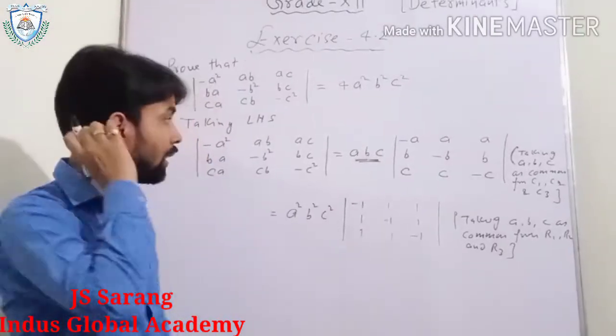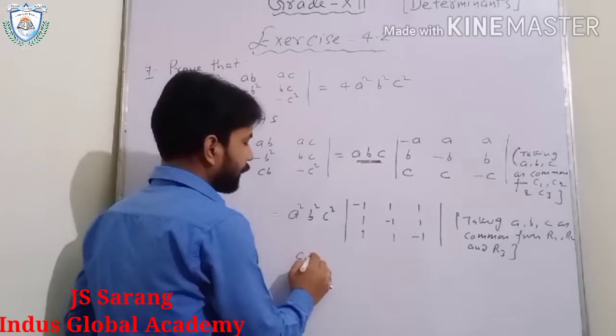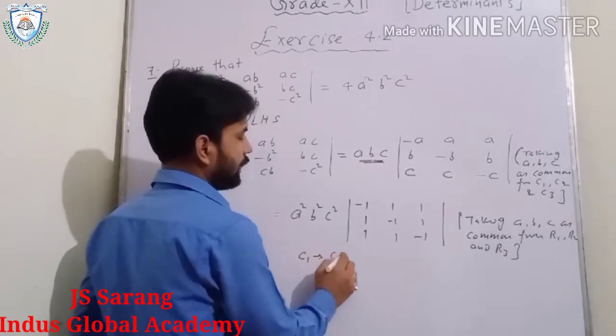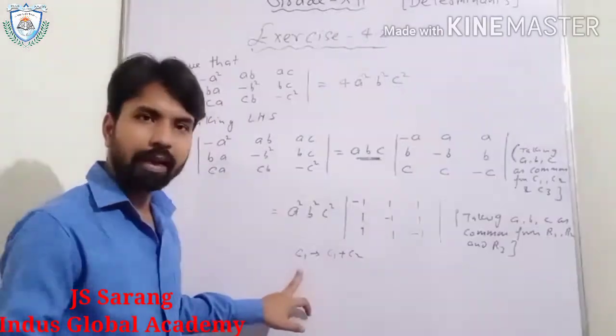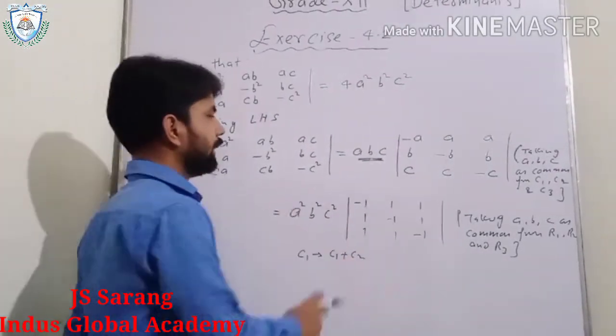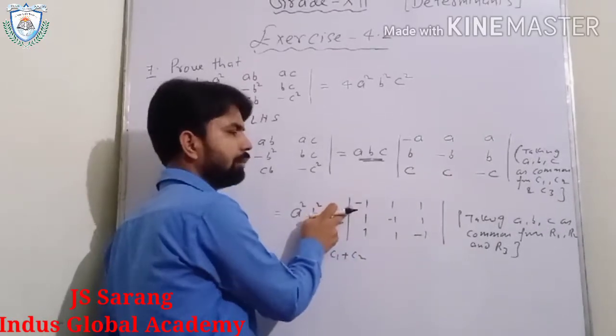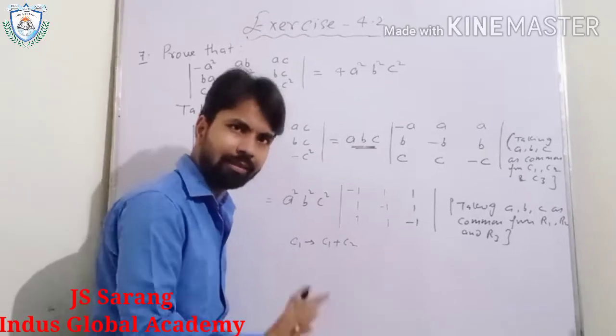Clear? Now see, we will apply the operation C1 plus C2 in C1. See, minus 1 plus 1, we will get 0. 1 and minus 1, we will get 0. Clear?